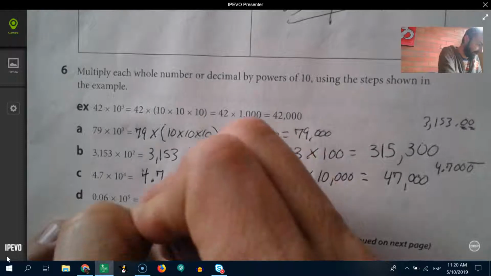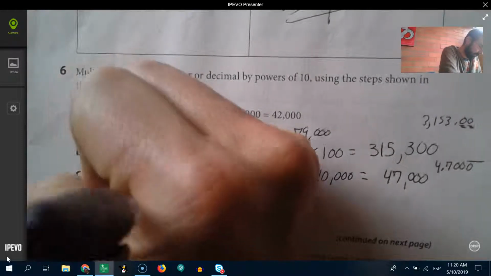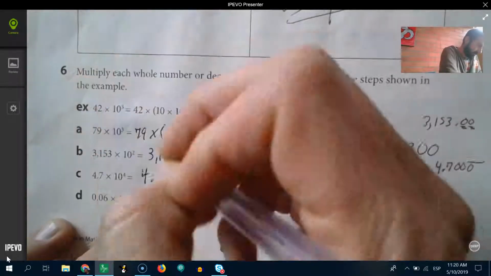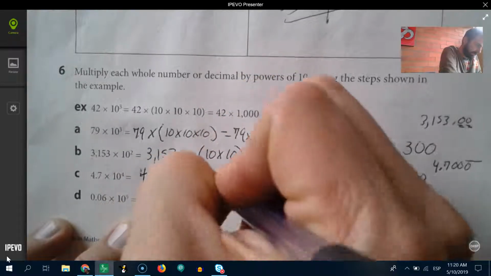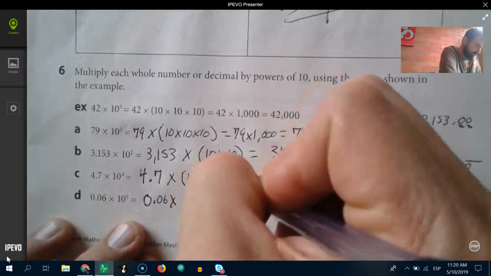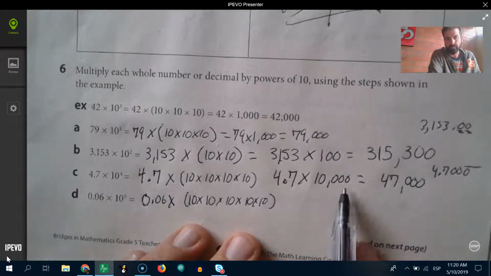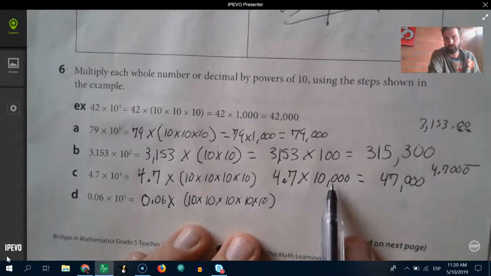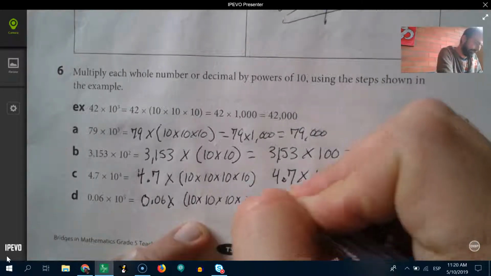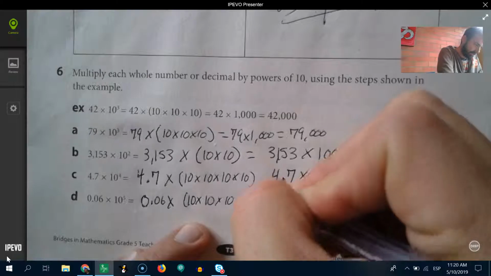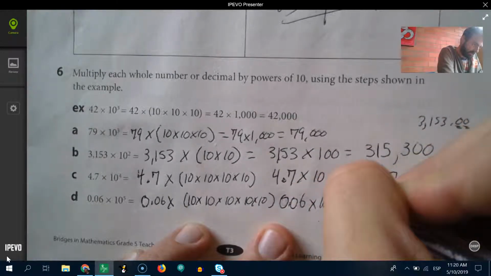Number 6, we have 0.06 or 6 hundredths. We're multiplying that by 10 to the 5th, which is my 5 tens. I already multiplied 10 4 times to get 10,000, so I'm going to multiply it just one more time to get 100,000. So I'm going to have 6 hundredths times 100,000.